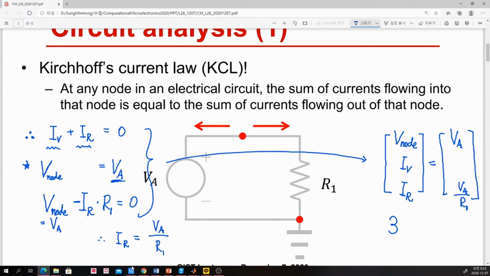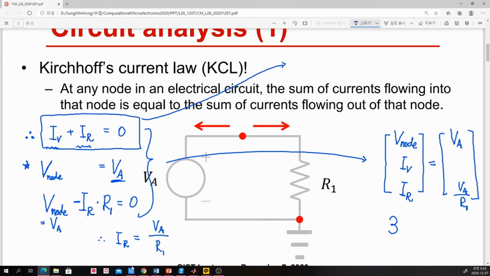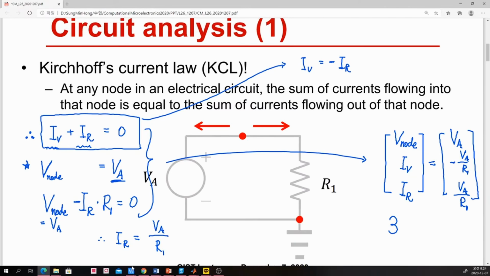Finally, by applying Kirchhoff's current law, we can understand I sub V equals minus I sub R. So minus V A divided by R1 is the solution vector for this system.